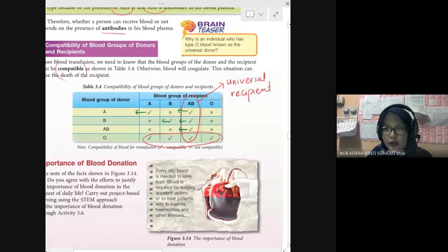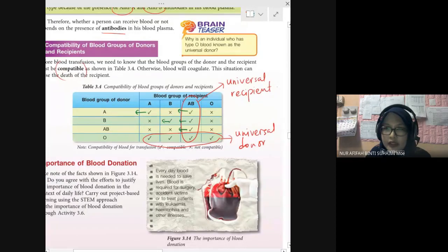And O is considered as the universal donor, because it can donate to all types of group but can only receive from its own type, O only. Okay, AB can receive from all types.